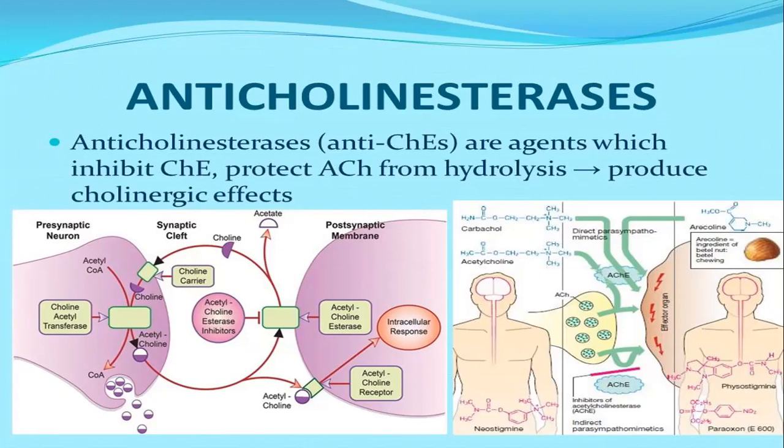Now these anticholinesterases are agents which inhibit acetylcholinesterase and prevent hydrolysis of the acetylcholine. You have seen use of this drug in myasthenia gravis. The drug was neostigmine.